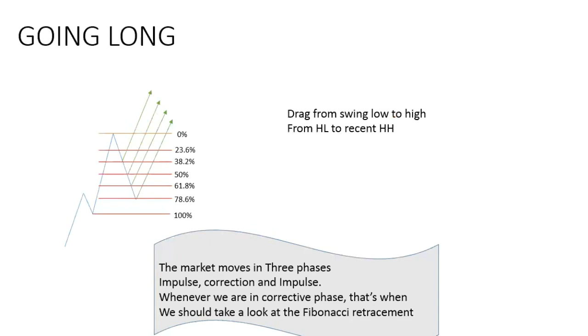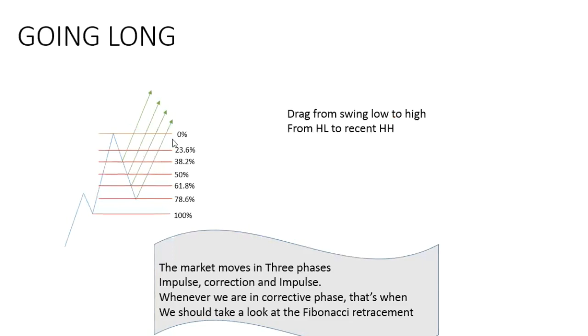If there are no confirmations, we're going to look at the next level, 61.8. And if the 61.8 happens to give us confirmation, like your candlestick patterns going to the upside, we're going to take advantage of that. We're going to start going long somewhere around there, and then price is going to continue to go to the upside. That's how we utilize this Fibonacci tool.